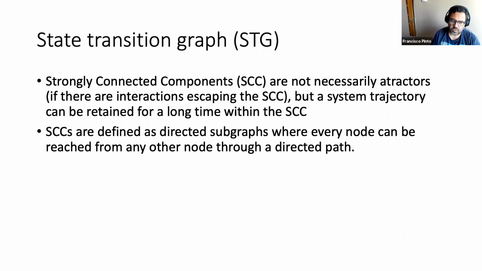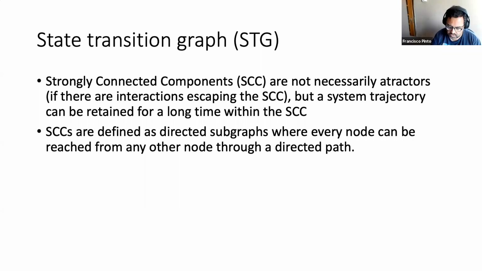Strongly connected components are defined as directed subgraphs where every node can be reached from any other node in that subgraph through a directed path. But for a strongly connected component to be an attractor, its interactions with the outside, with other states, need to be only through incoming arrows. If they have outgoing arrows, it means that a trajectory can go into the strongly connected component, can go around visiting several states in it, but at some point it can go out.